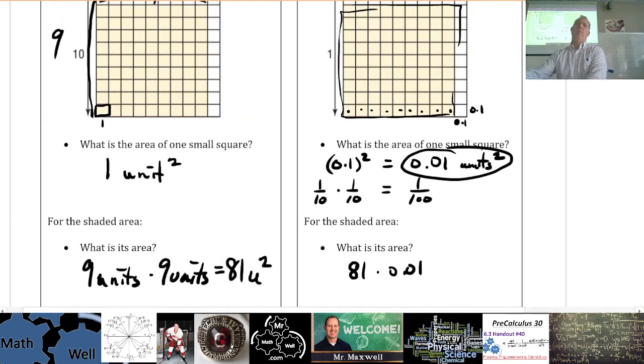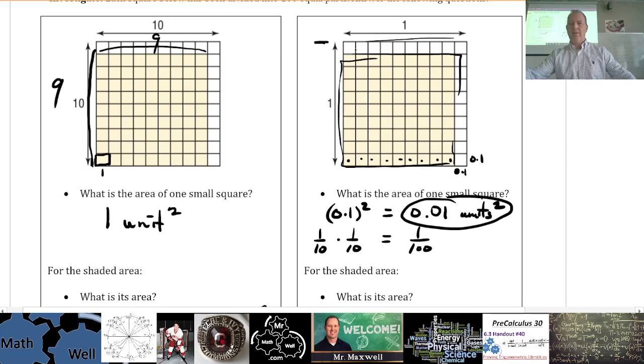Something seems off there? Okay, well, how many white squares do I have that are not shaded? 1, 2, 3, 4, 5, 6, 7, 8, 9, 10, 11, 12, 13, 14, 15, 16, 17, 18, 19. So I've got 100 squares here minus 19 squares. That is 81, isn't it? Okay. So what's 19 times 0.01?